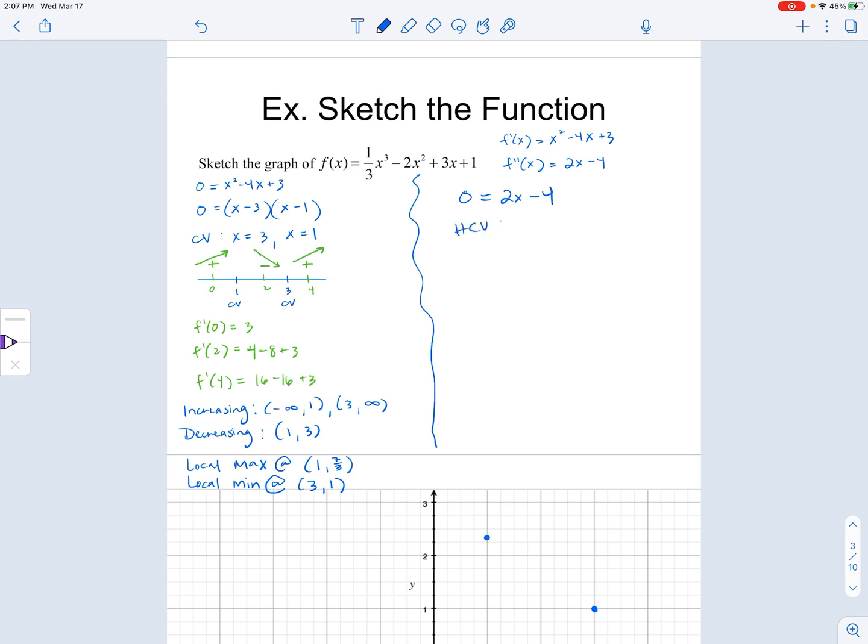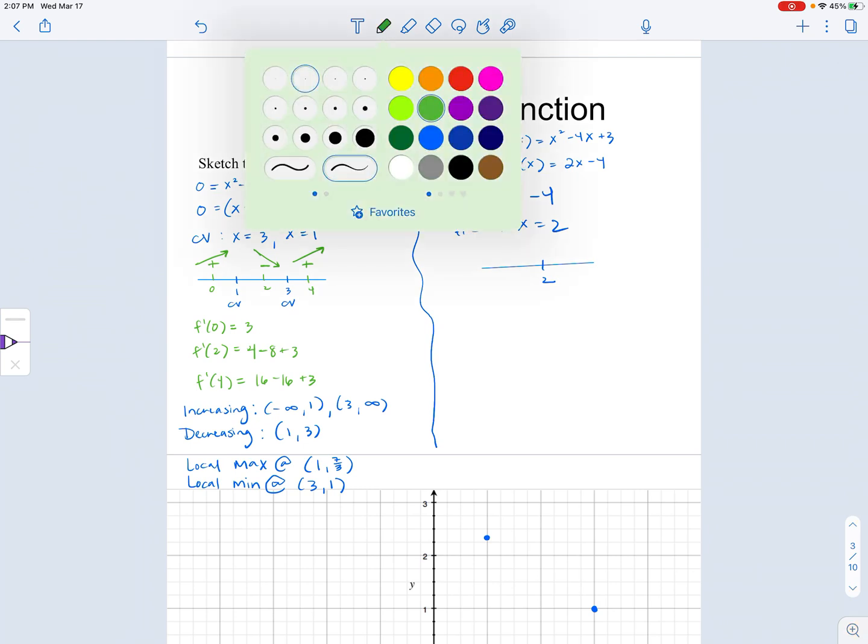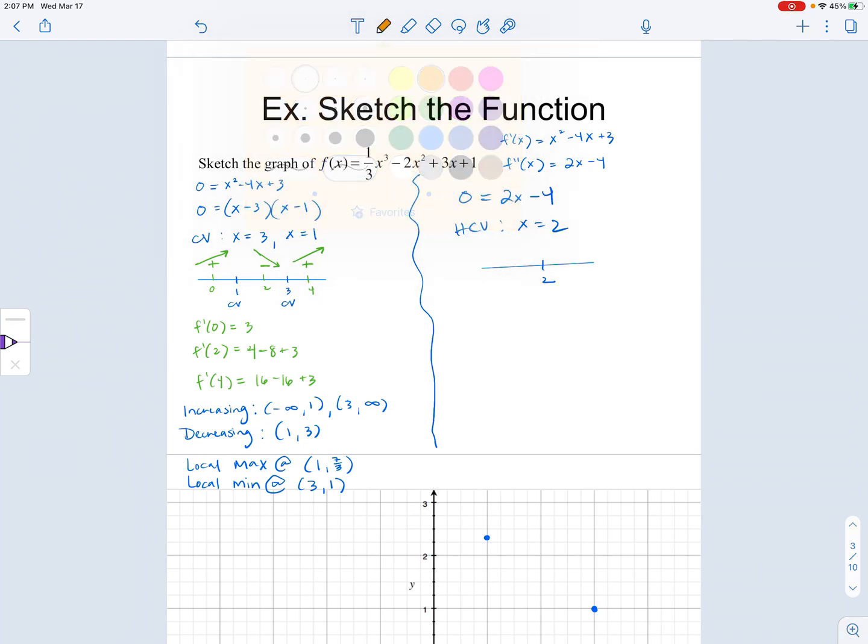So to find the hypercritical values, we'll set the second derivative equal to 0. And we get that our hypercritical value would be x equals positive 2. So we put 2 on the analysis line. Use a different color.